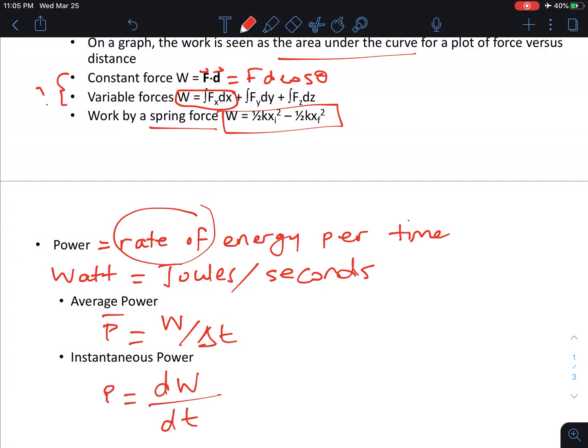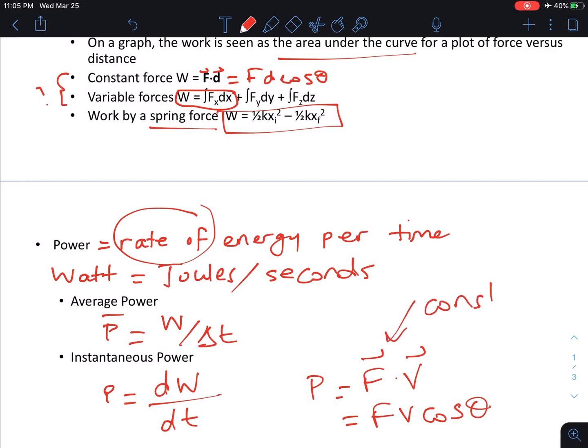One other thing is that power is also F dot v, which means Fv cosine theta, but the assumption for that is F is constant. If it is not, you cannot use that. So you can also find the power this way as long as you know that the force is constant.